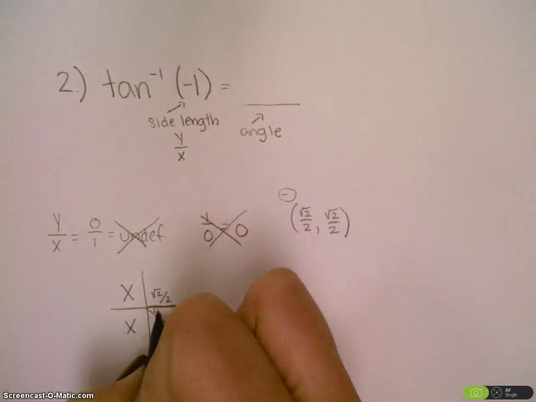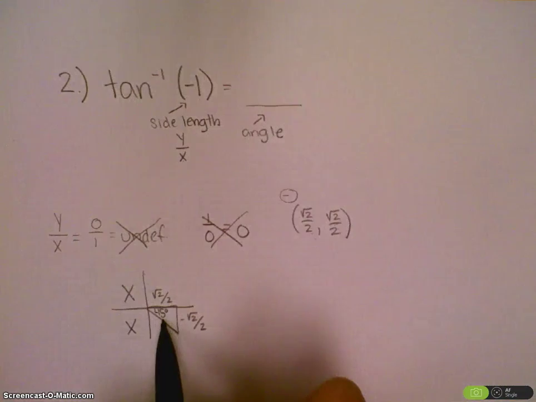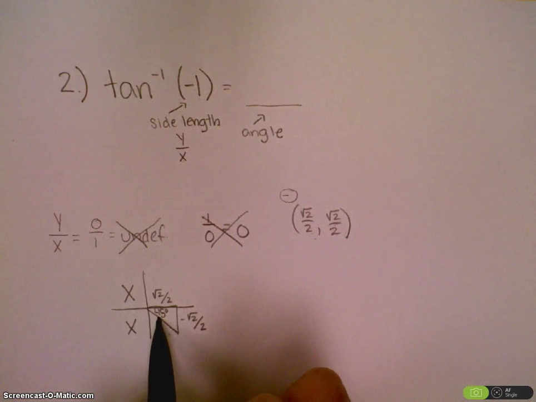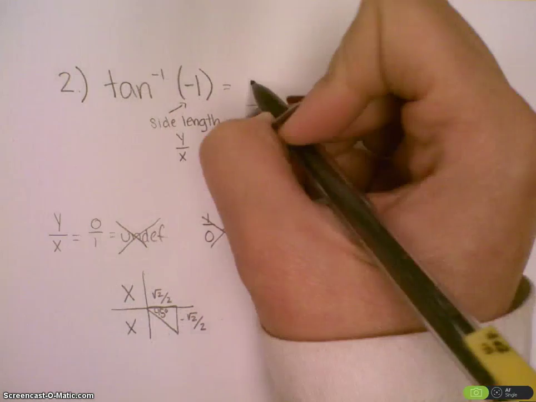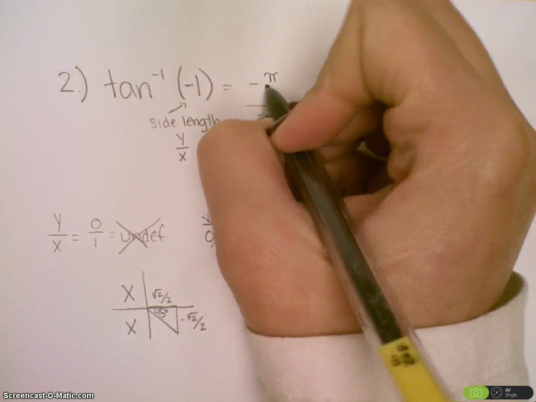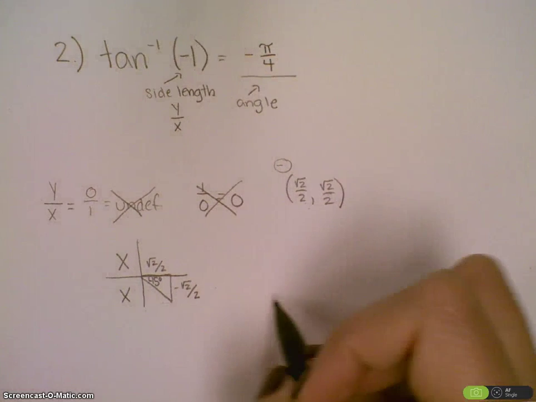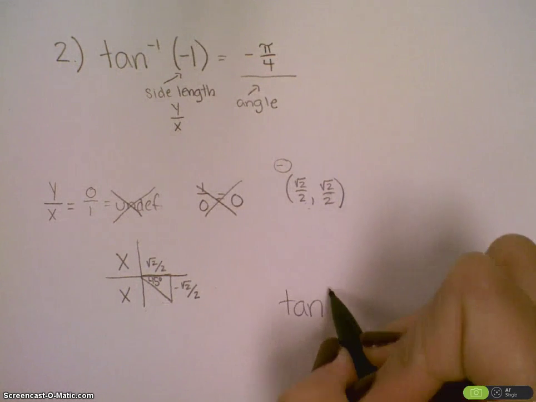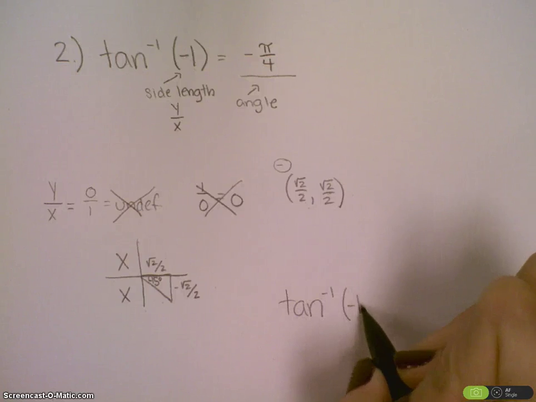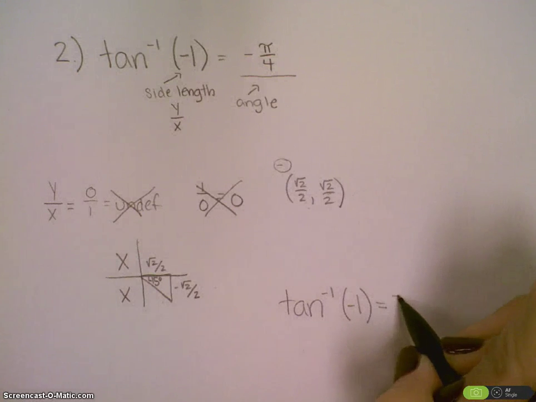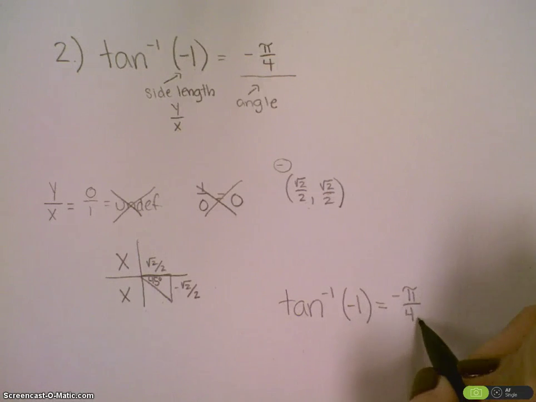We know this then has to be a 45-degree reference angle. And to get a 45-degree reference angle, we're looking at a result of negative pi over 4. So in result, the tan inverse of negative 1 is negative pi over 4.